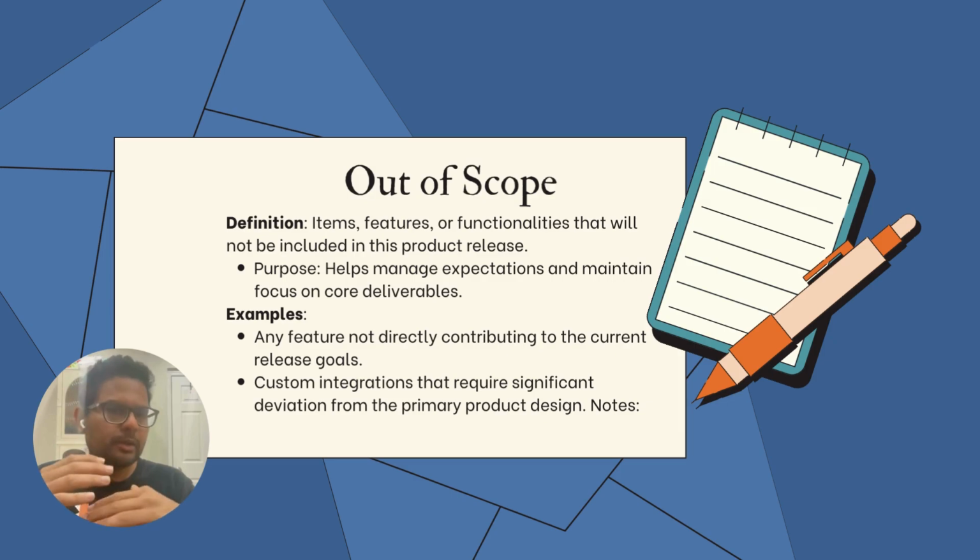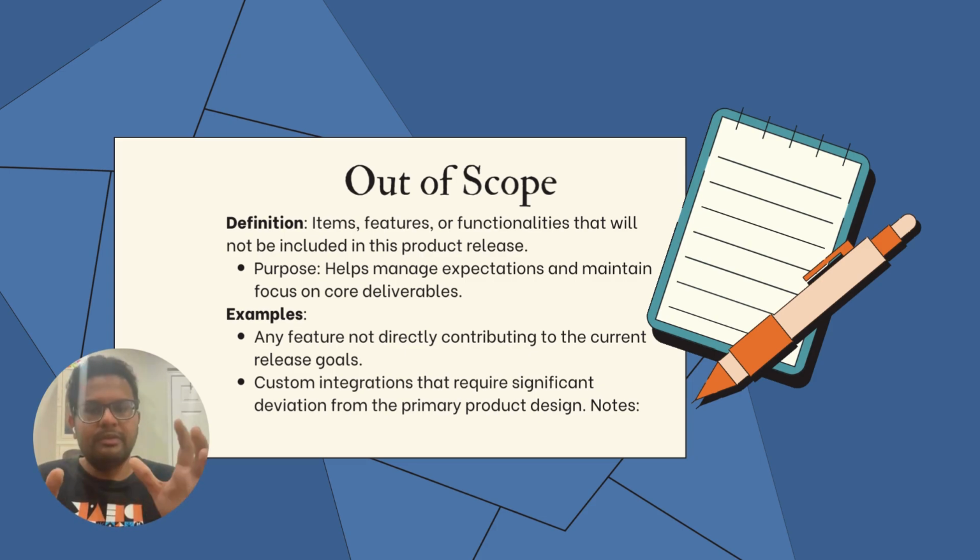So let's talk about the out of scope section. The definition of this section is the items, features, and functionalities that will not be included in this product release. Why are we adding an out of scope section in your PRD document? The main purpose is to manage expectations and maintain focus on the core value and core scope.